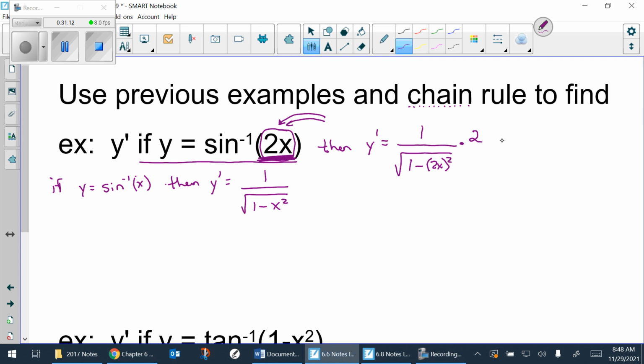So the derivative of sine inverse of 2x, y prime, is equal to 2 over the square root of 1 minus, and if you want to write it as 2x, that quantity being squared, or if you wanted to write it as 4x squared, either way, that's fine.